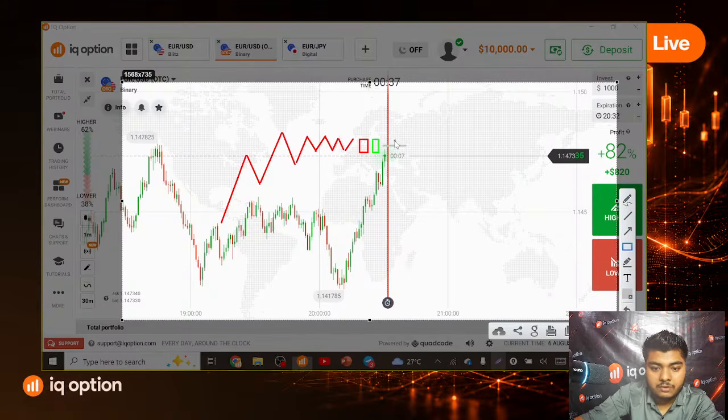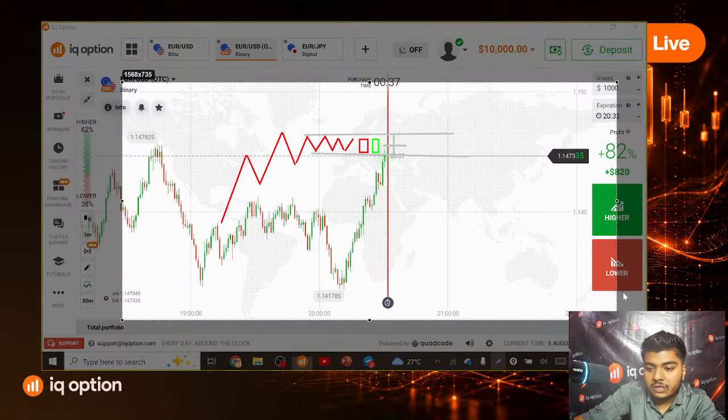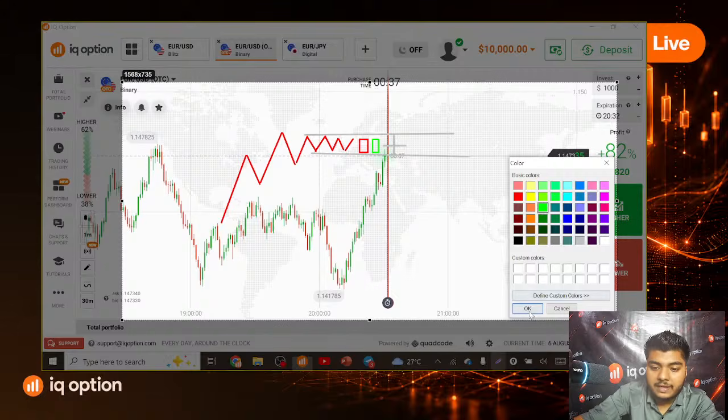If a candle formed like this one, that simply means this area is already an indecision area, right? That means neither buyers nor sellers are in control, they were fighting.